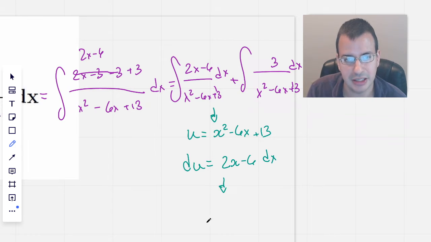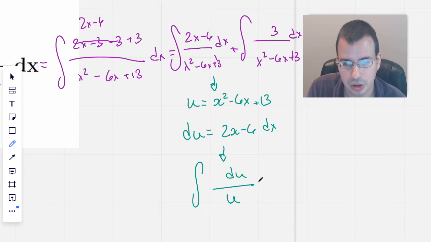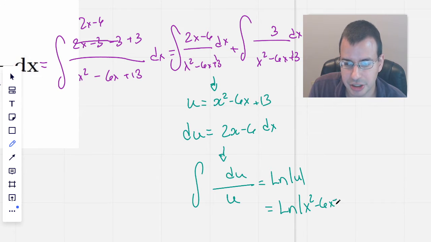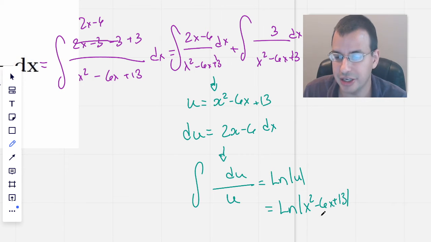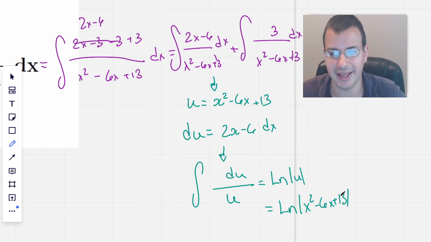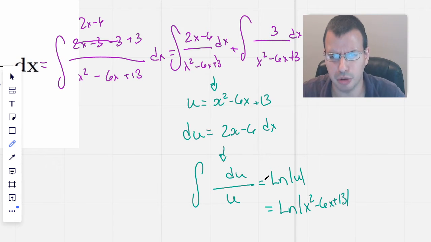And so I get the integral, so this is the top part, so that's du, all over u, which will give us, when we take the integral, natural log of u, which will be natural log of x squared minus 6x plus 13. And we're going to keep the absolute value signs there because this negative 6x could be negative. And so we want to make sure we don't take the logarithm of a negative number. Universe exploding and such.